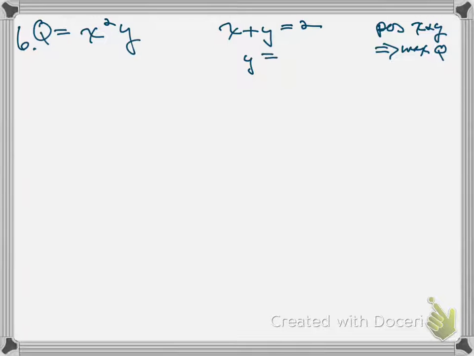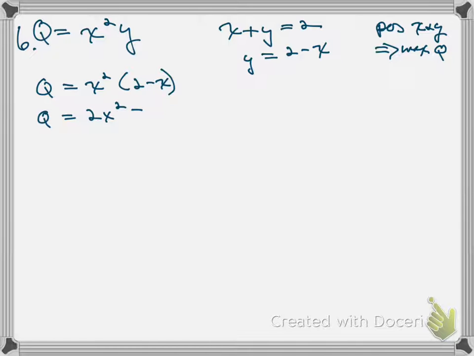Okay, so we have to work the same way we did before. I would solve for y, which is 2 minus x. Okay, so now Q equals x squared times 2 minus x. So here again you could do the product rule, or you can just multiply and then take the first derivative.